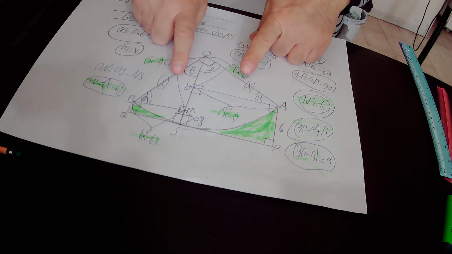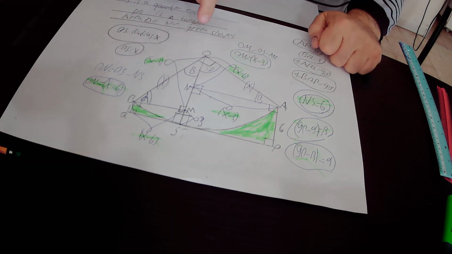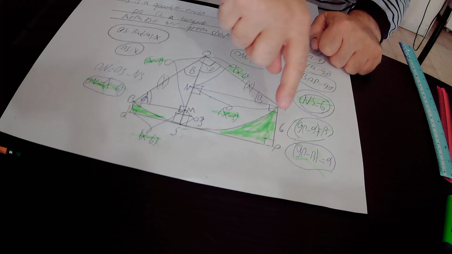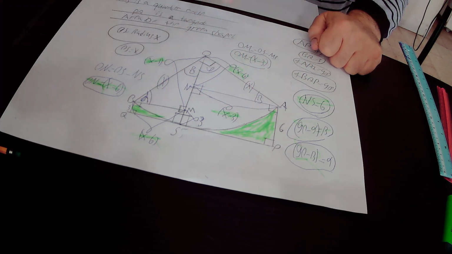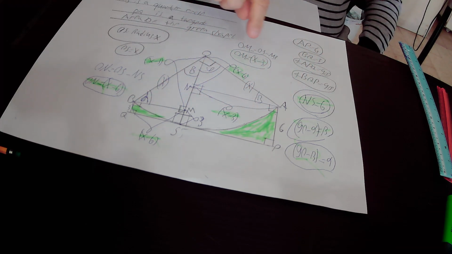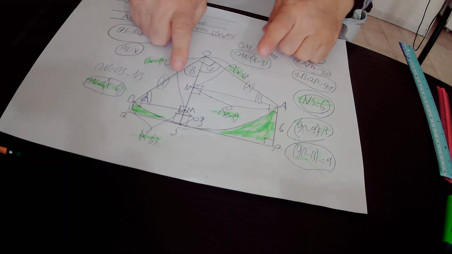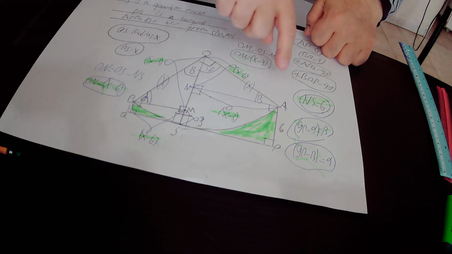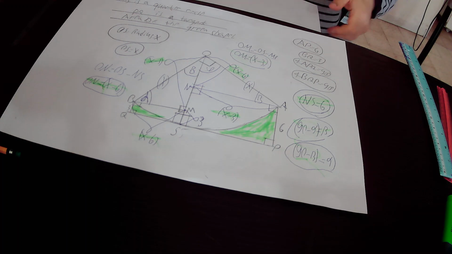Therefore, the area of those two trapezoids will be equal to the total area of shape OAPSQB. So the area of the whole shape, that is the sum of the areas of those two trapezoids, minus the area of this quarter circle A or B, equals the area of the green shape.